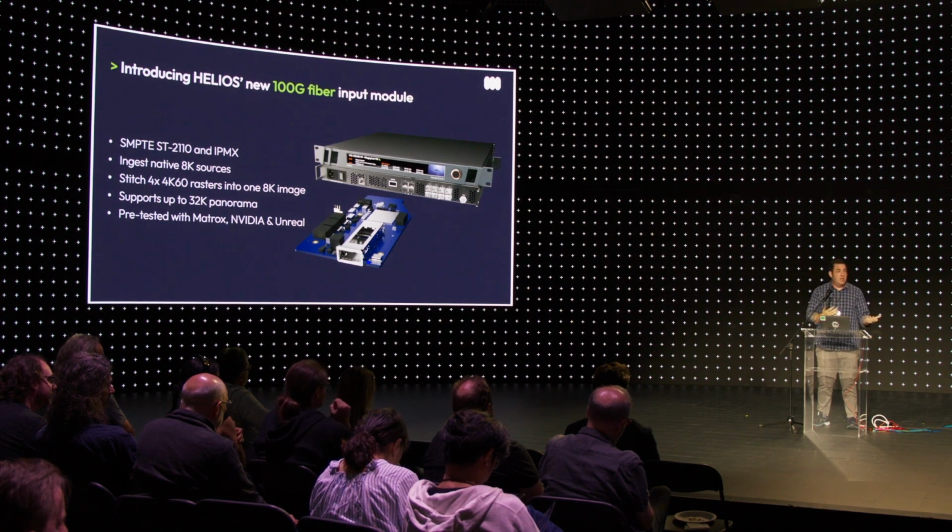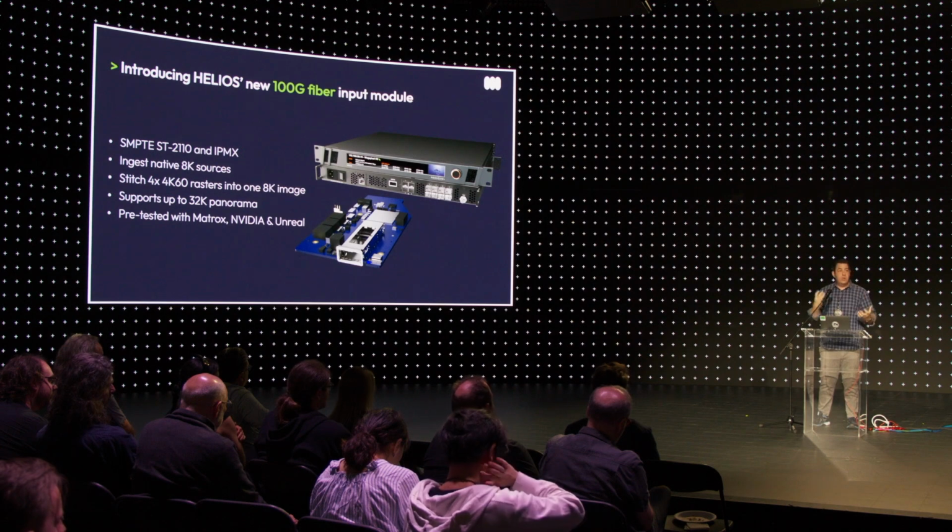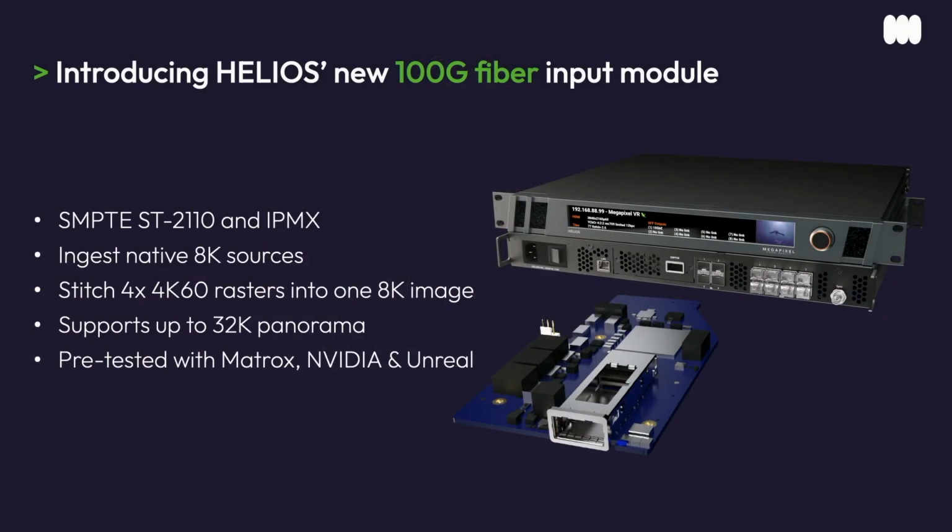These aren't 16:9 aspect ratios. We want to be able to use the screens in creative ways, so we think about this in terms of bandwidth rather than specifically 16:9 video rasters. And this is available to order today, and it's pre-tested with Matrox, NVIDIA, and Unreal Engine, so very much easy to use and ready to go.